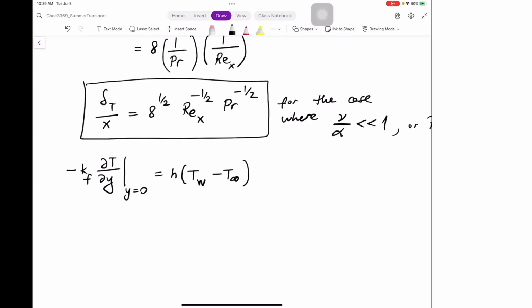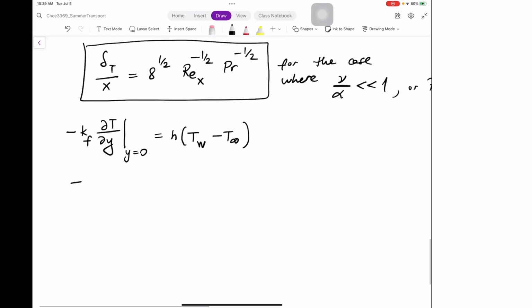So whatever H is, it must satisfy this. We divide both sides by T infinity minus T wall, which makes the right-hand side negative, canceling the negative on the left.